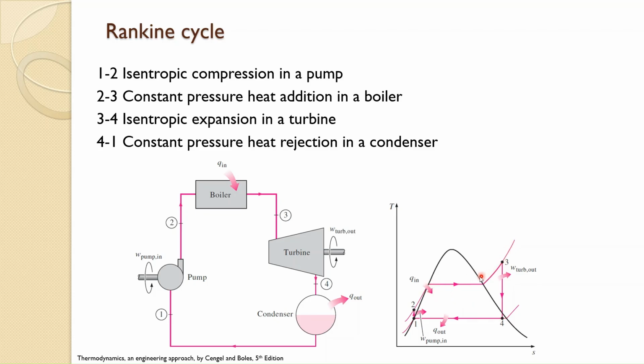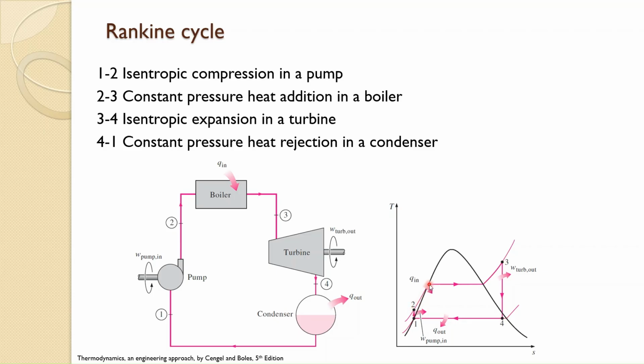These lines that you see over here are constant pressure lines. So what happens when you increase the pressure in state 1 to the same pressure of the boiler, state 2? We jump over a pressure line from point 1 to 2.